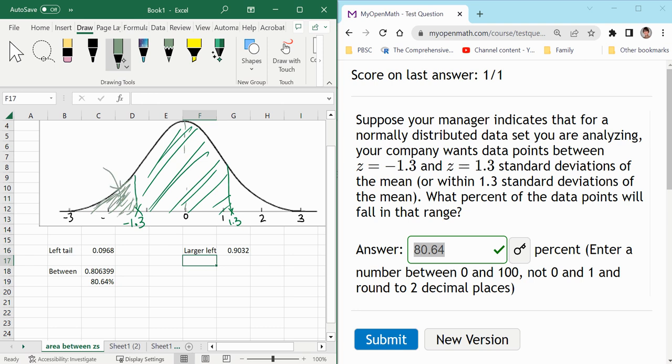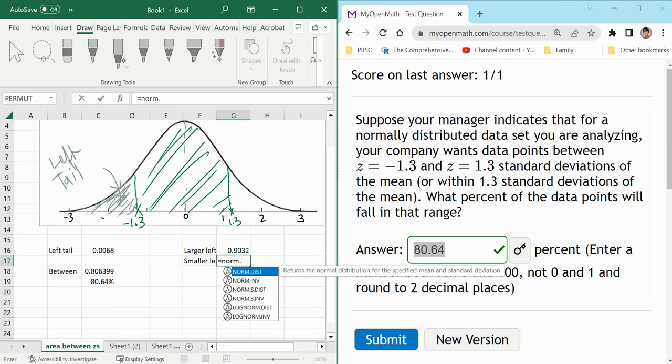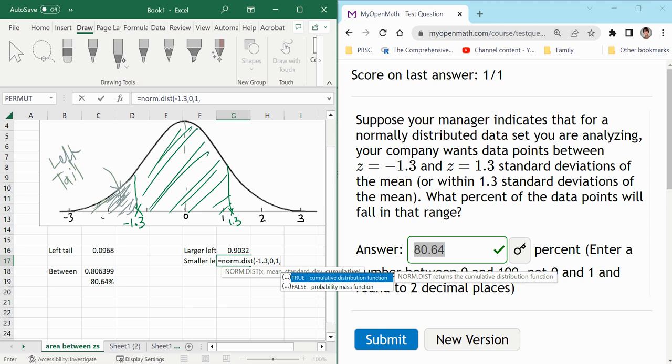So we want to get rid of the left tail, or the smaller left area, which we happen to already know from the previous approach. Negative 1.3, mean of 0, standard deviation of 1, and true for cumulative. You can also put in a 1 if you want to say yes to cumulative. It's a shorter way of doing it.